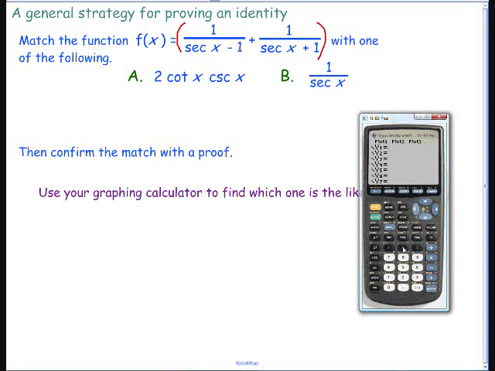So I'm going to have 1 divided by 1 divided by, what's the reciprocal identity for secant? That's right, cosine x, close that, and minus 1, close that.